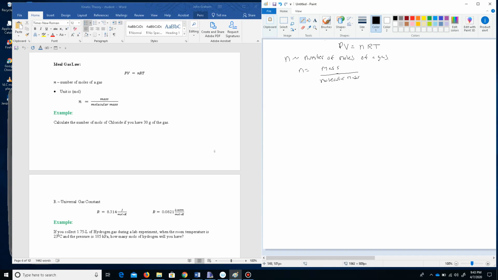So for chlorine, which is Cl2, you have a molar mass equals 35.5 times 2, right, which would be 71.